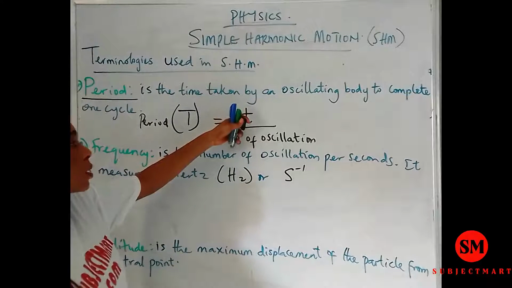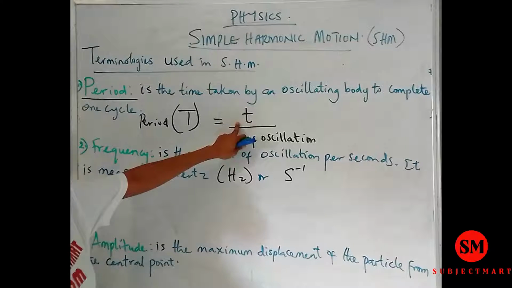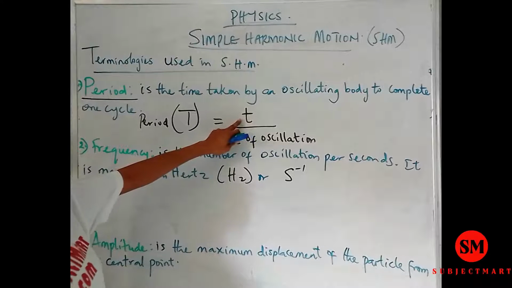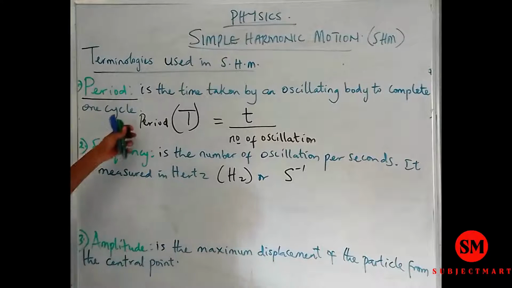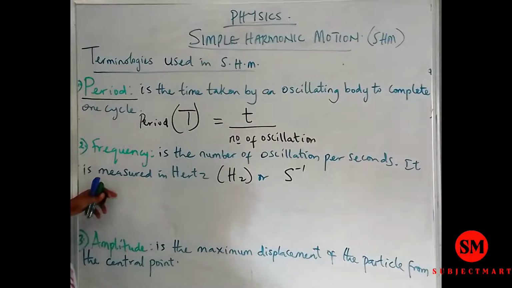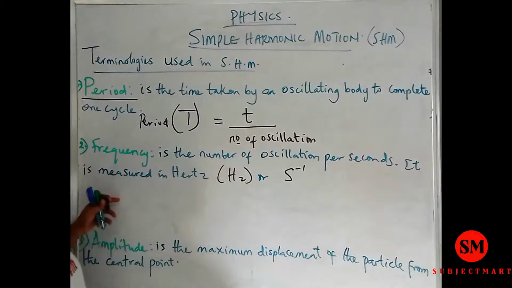This time can be measured using the stop clock or the stopwatch. Then whatever you get is divided by the number of oscillations, which will give you the period. Now, frequency is the number of oscillations per second, the number of oscillations made by that particular body per second, and it is measured in hertz.